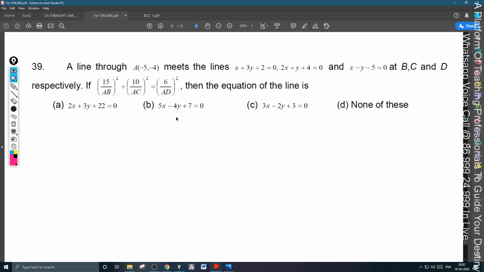First of all, understanding the question itself is difficult, and after understanding the question, getting the idea of applying the symmetric form is not that easy. So the option here for this one is A.